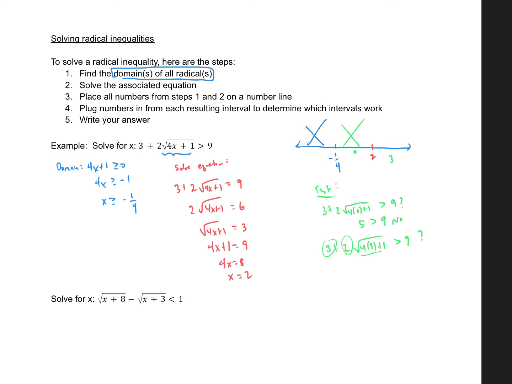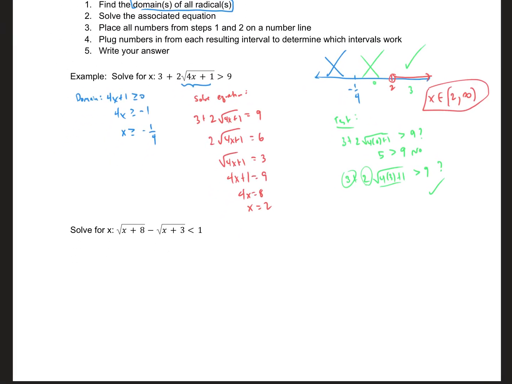When you add 3 to that, that's something between 9 and 11. So that's definitely going to work. So that means these answers work. So I know where on my number line the answer works. So I'm now going to write the answer, and that is this spot right here. So that would be x is an element of 2 to infinity.